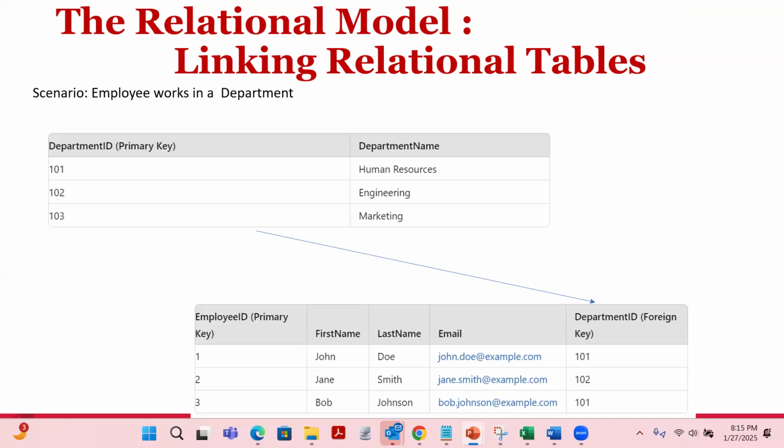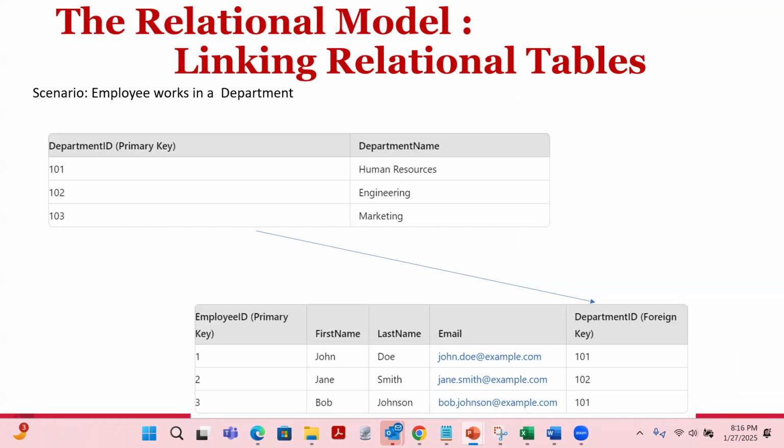In this case, those two tables are linked based on the primary key foreign key relationship. And those relationships are built via the department ID foreign key that links to the department ID primary key. So relationships are built based on the primary key foreign key relationship.